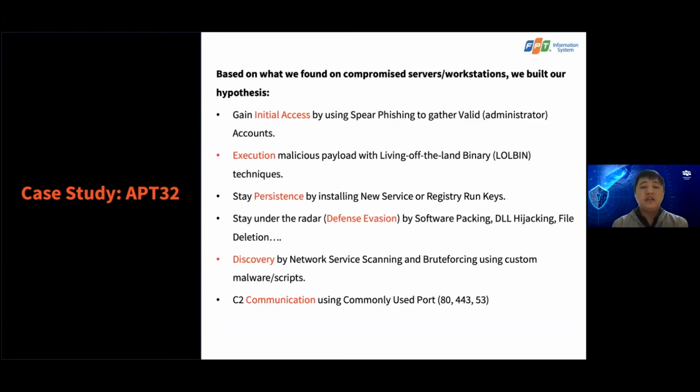Last but not least in our hypothesis is how they communicate with the command and control servers. Based on the first assessment and our experience, we think the C2 communication should be done using commonly used ports like HTTP port 80, HTTPS, or DNS.